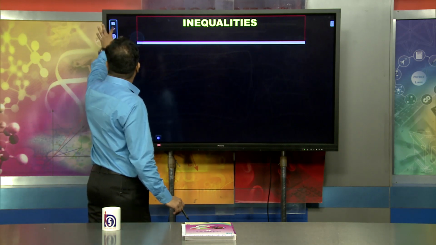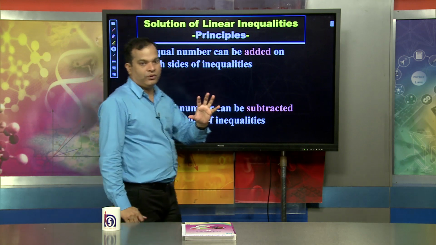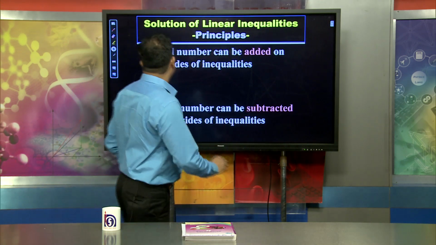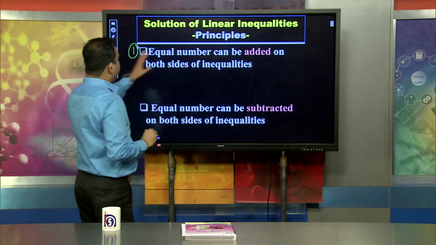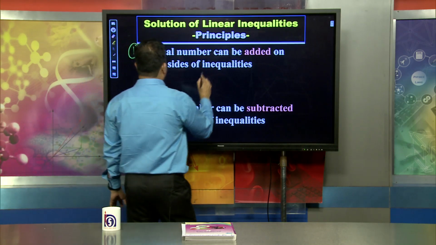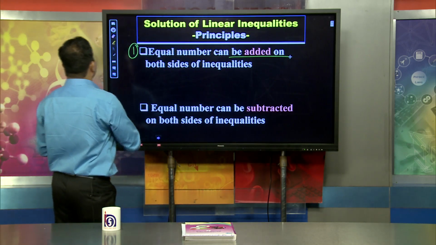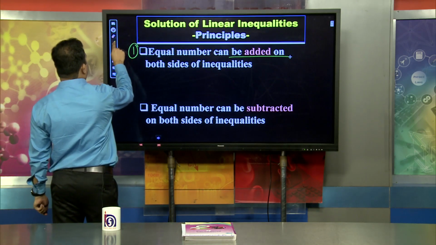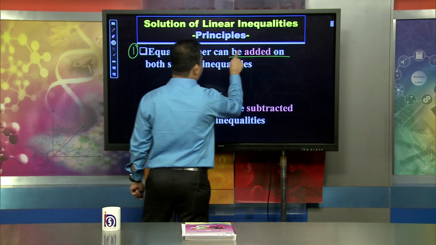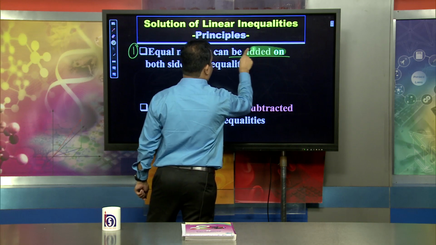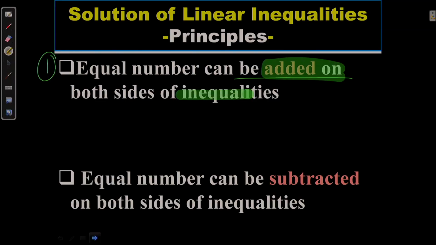When talking about the principles of solving linear inequality, the first principle, remember: equal numbers can be added on both sides of the inequality. You just observe what it is saying. Equal numbers can be added on both sides of the inequality.